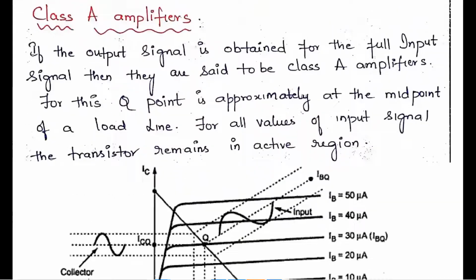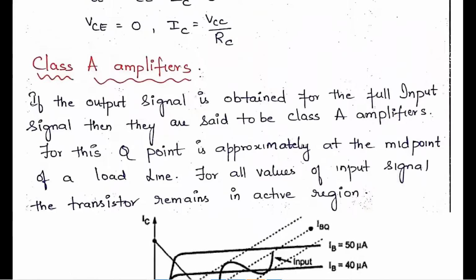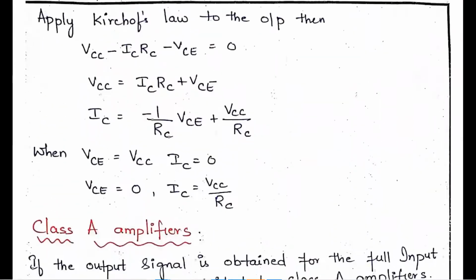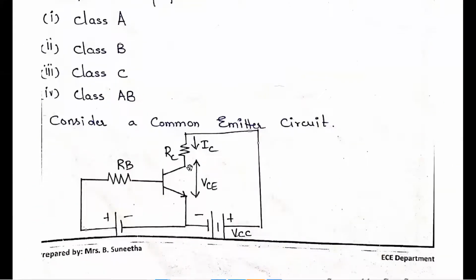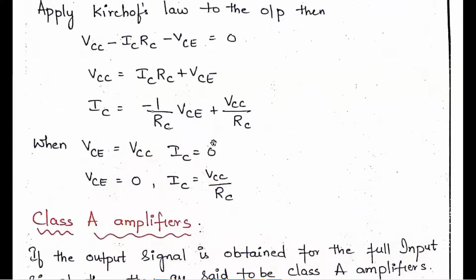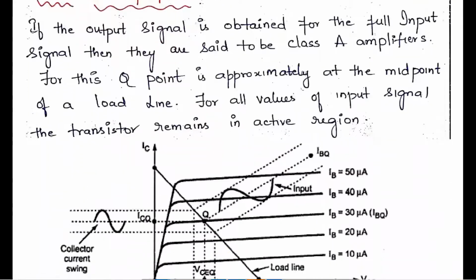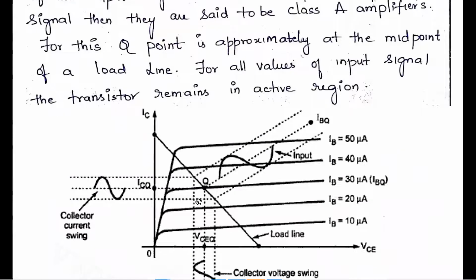So what happens? When you connect the DC supply to the transistor, this maintains a fixed voltage VCE and a fixed current IC. Okay, right? This maintains a fixed voltage VCE, that we are calling VCEQ. Fixed current IC, we are calling ICQ.